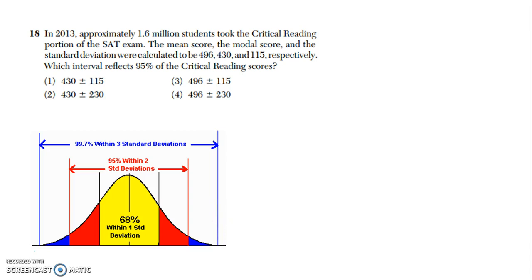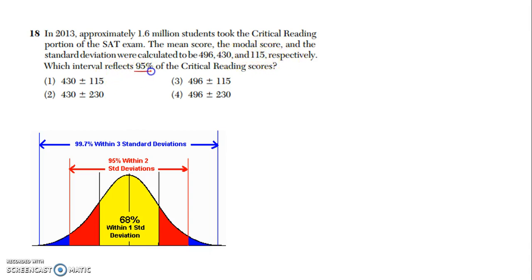Okay, this one, number 18. It said in 2013, approximately 1.6 million students took the critical reading portion of the SAT exam. The mean score, the modal score, and the standard deviation were calculated to be 496, 430, and 115 respectively.